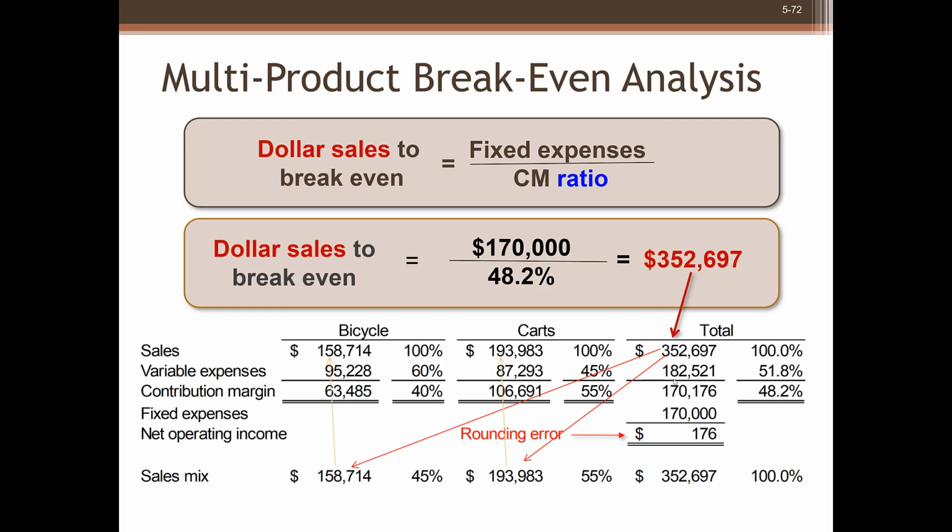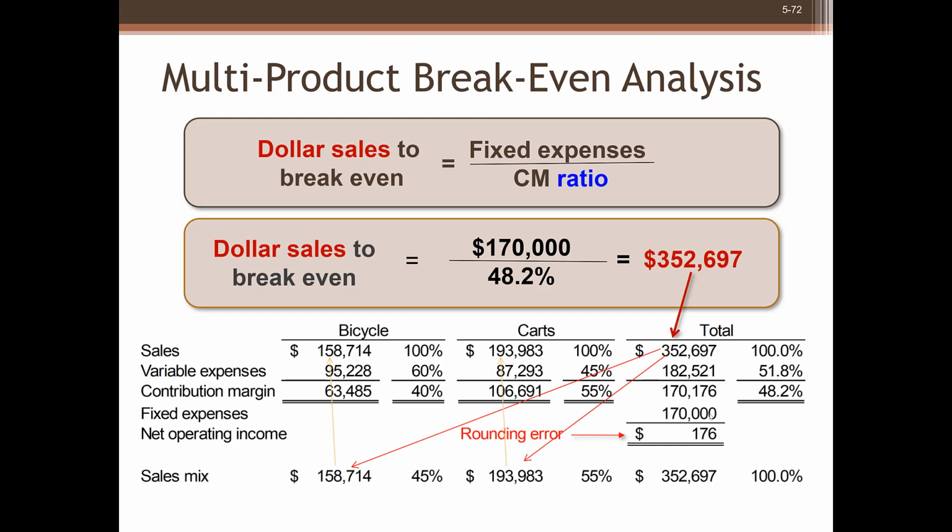For this number, you can either add up variable expenses from bicycles and cards, or you can just use the variable expense ratio for total to calculate $182,501. The difference is contribution margin, and this is $170,176. Fixed expenses are $170,000.